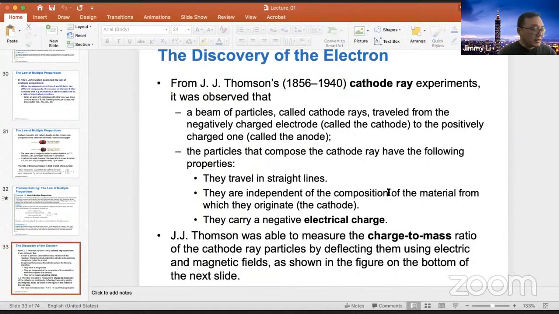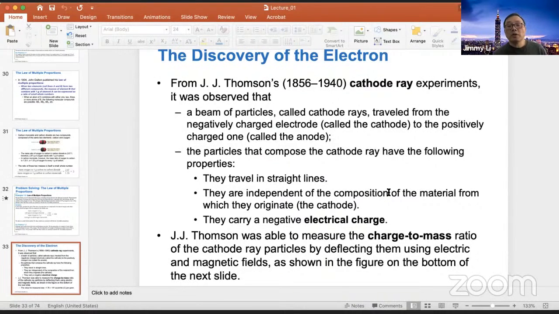There's another scientist I would like to mention, to give that credit. It's on page 46 of your textbook. It's called Millikan. Millikan proposed an experiment to find out the charge of the electron.